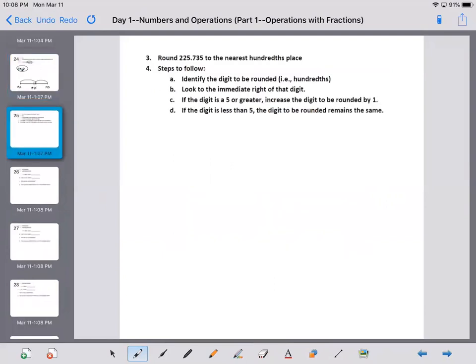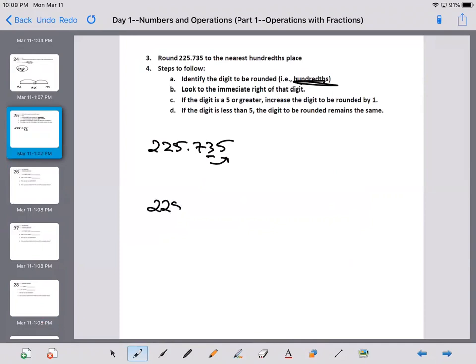Again, let's look at rounding. I have 225 and 735 thousandths, and I'd like for you to round it to the hundredths place. So we're going to identify the hundredths right here, and then a rule there is that we look to the right and determine if we're going to round it to the next hundredths.